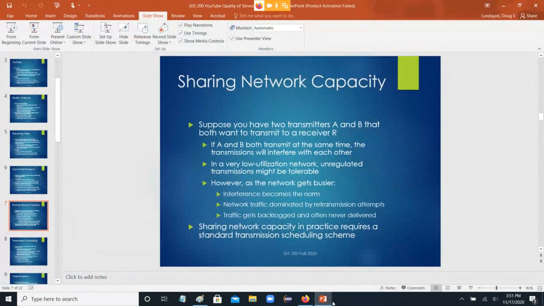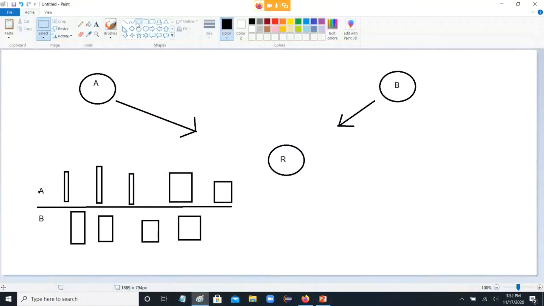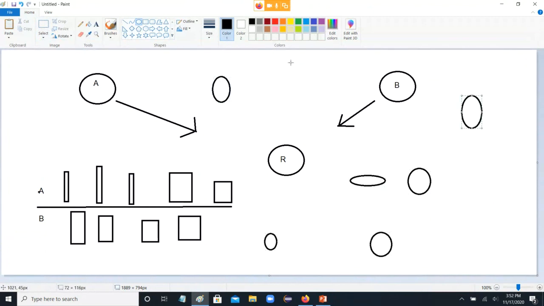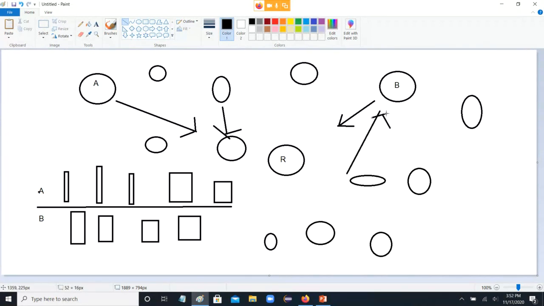However, as the network starts getting busier, imagine if there were a whole bunch of other devices all periodically trying to transmit and all occasionally colliding with each other. So these transmissions are occasionally crunching into each other. They're trying to transmit. You get the idea. These arrows look terrible, but I hope you get the idea of what's going on here.